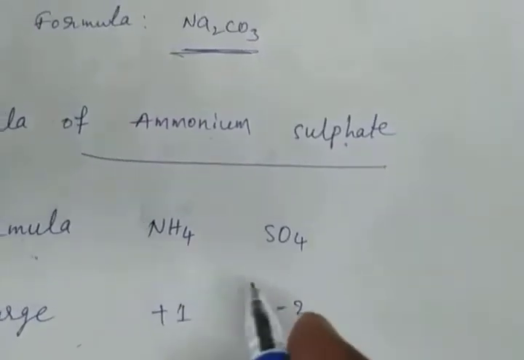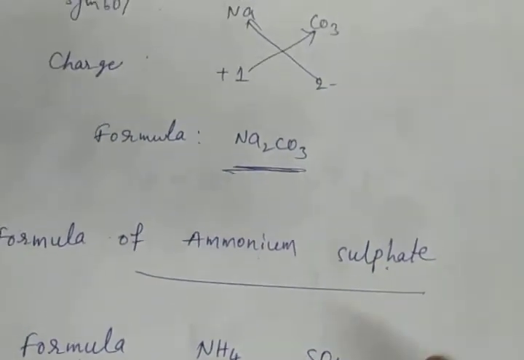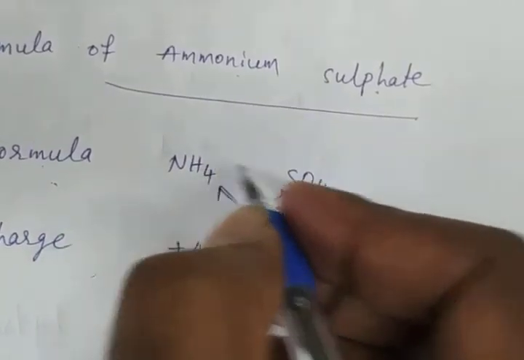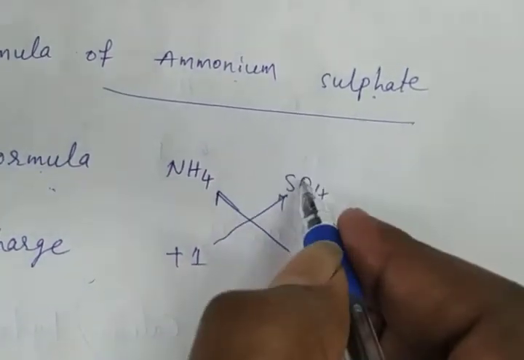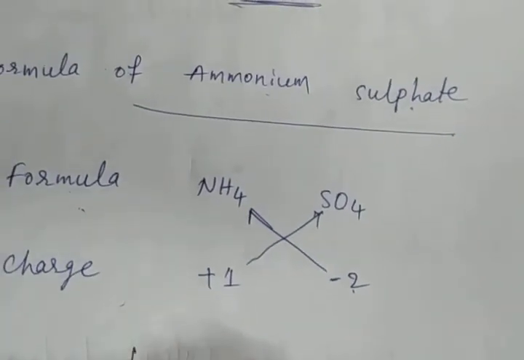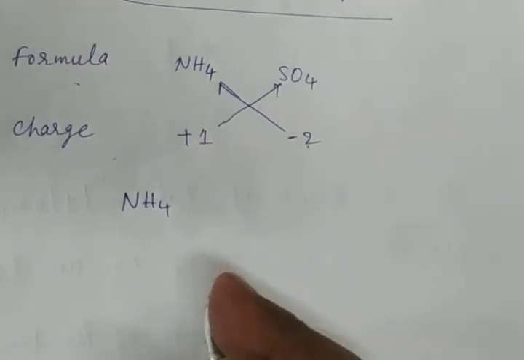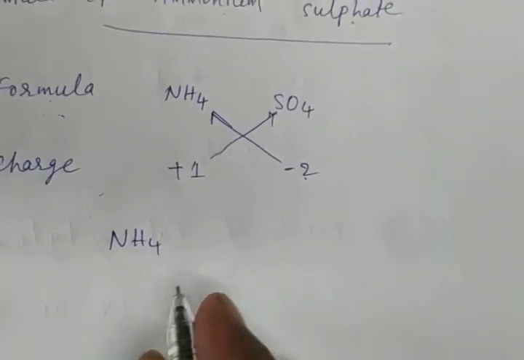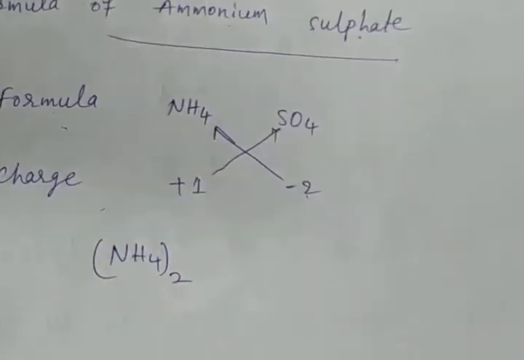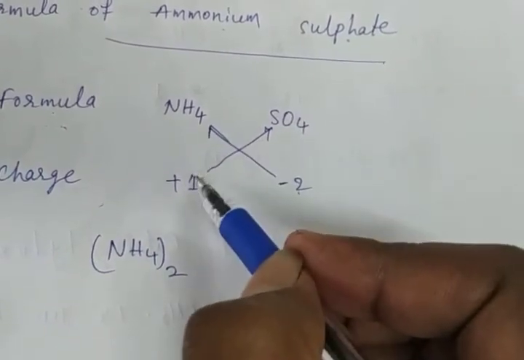Now we have to write the formula of this total compound. In ammonium sulfate, how many NH4 ammonium ions are there? Two. How many sulfate ions? One. When two or more ions are there, we have to put those ions in brackets.